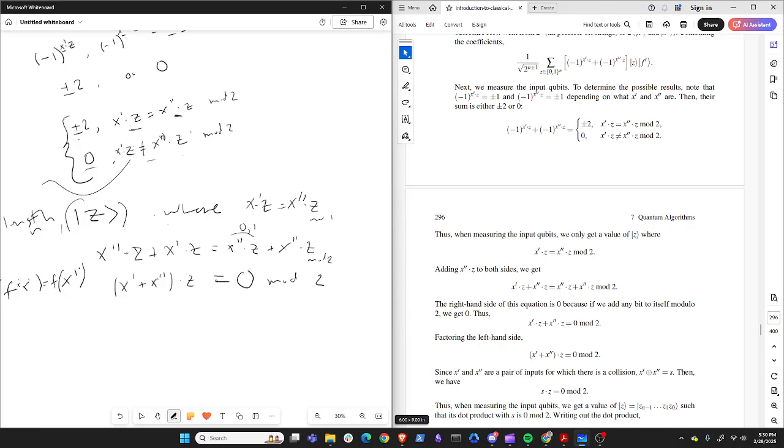There's a collision, and we know that if there's a collision, to solve for the value s, we just have to take the XOR. So we simply XOR these two together, and we get s. So now we have s dot z equals 0 mod 2.